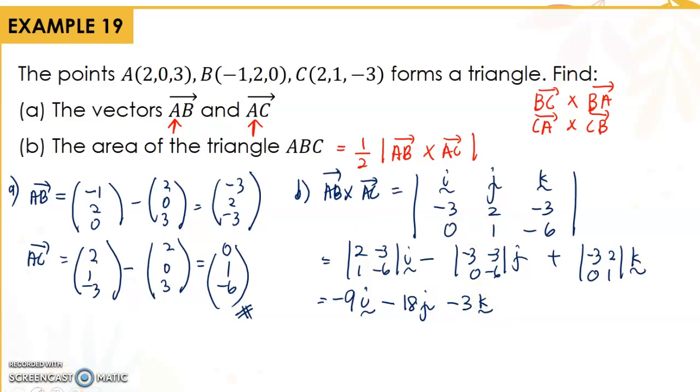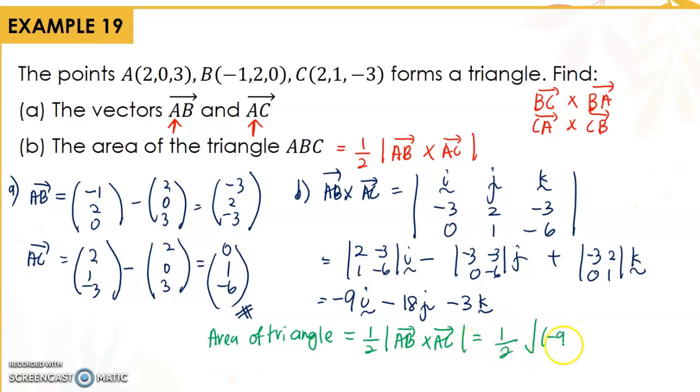So last but not least, we are going to find the area of the triangle. The area of the triangle is 1 over 2 the magnitude of AB cross AC. 1 over 2 square root of negative 9 squared plus negative 18 squared plus negative 3 squared.